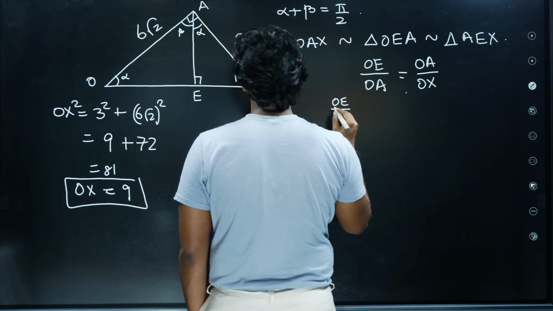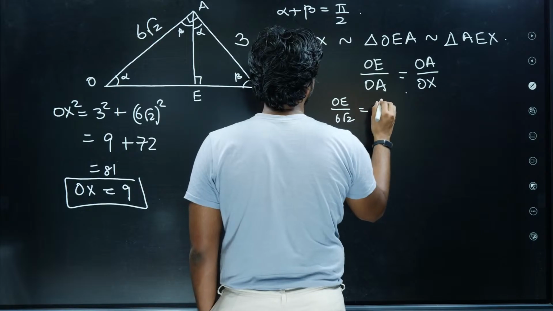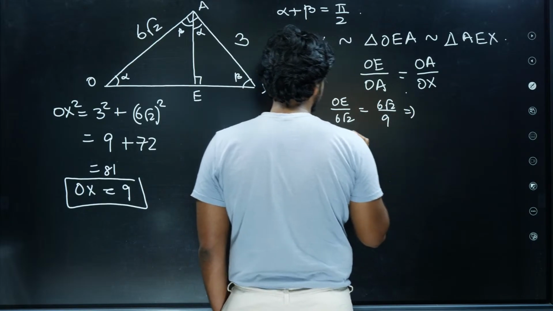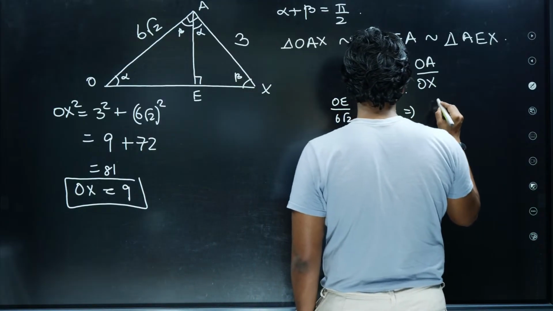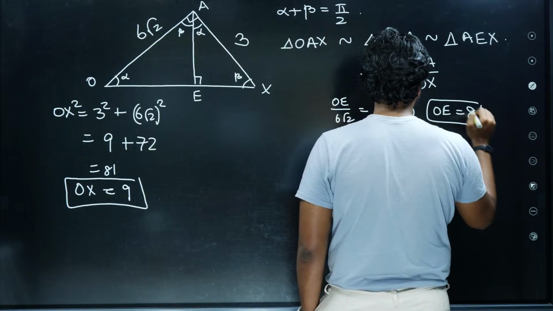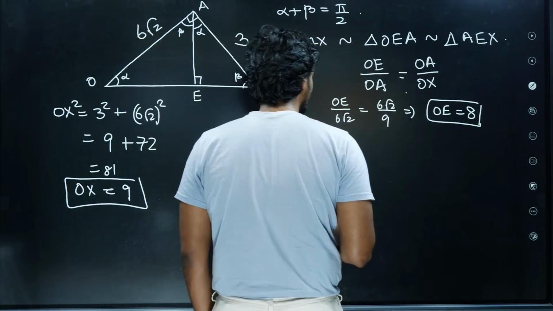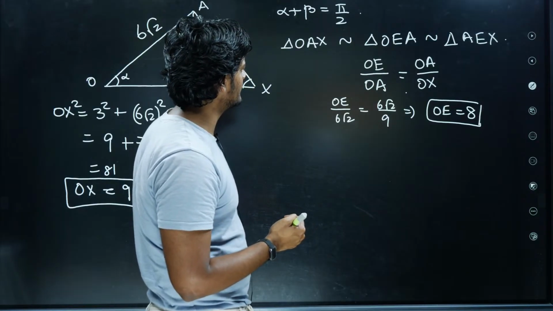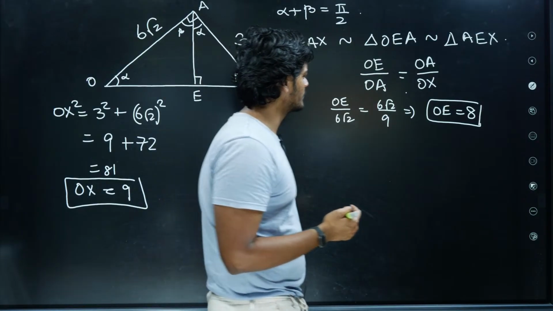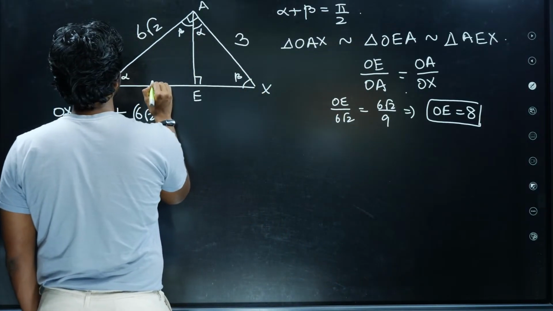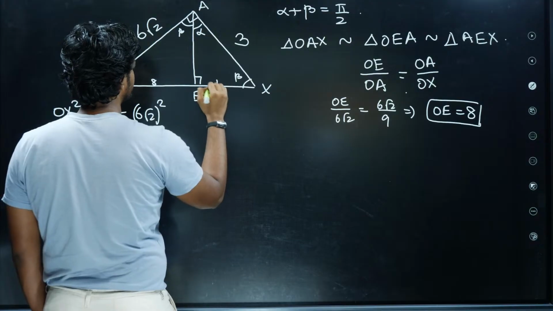OE by OA was 6 root 2 is equal to 6 root 2 by OX, which is 9, which implies OE is equal to 8, right? Am I right? 9 gets cancelled, so it's 2 into 2, 4 into 2, 8. So this is 8, and hence this would be 1.